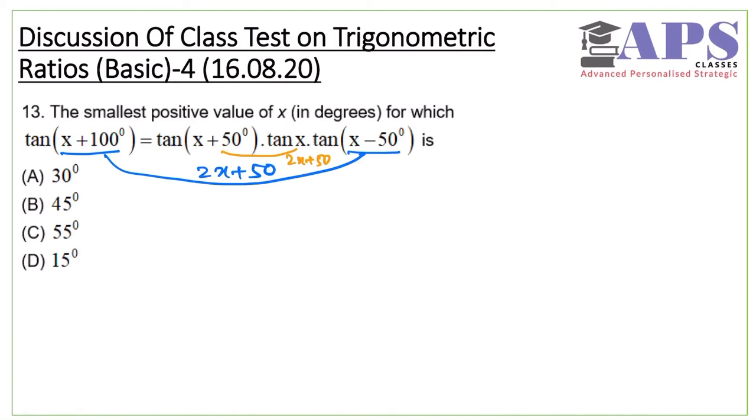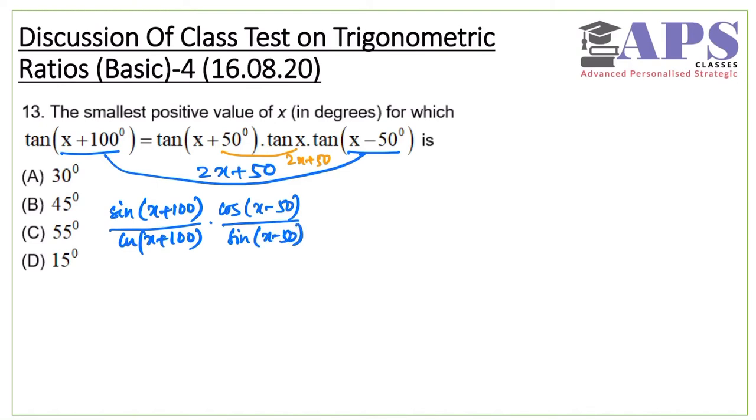So with this observation we pair them and write them in terms of sine by cos, and we will get sine of x plus 100 by cos of x plus 100 into cos of x minus 50 by sine of x minus 50, if I take those two together, and the right hand side will be sine of x plus 50 by cos of x plus 50 into sin x by cos x.